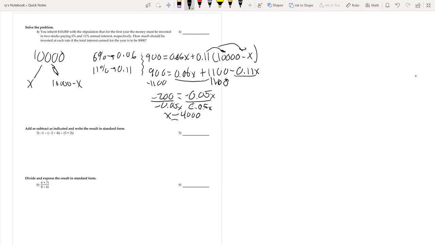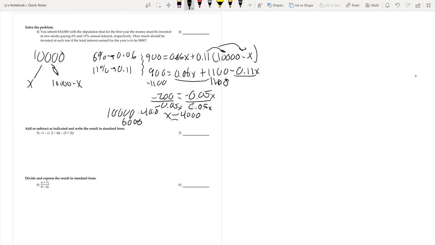So then now I have to look back with what this x represents. Since I did 0.06 times x, that means that this x value represents how much I was putting in at the 6% stock. So then to find out how much I put at the 11%, I'll just do 10,000 minus x. Or in this case, 10,000 minus 4,000, which gets me 6,000.